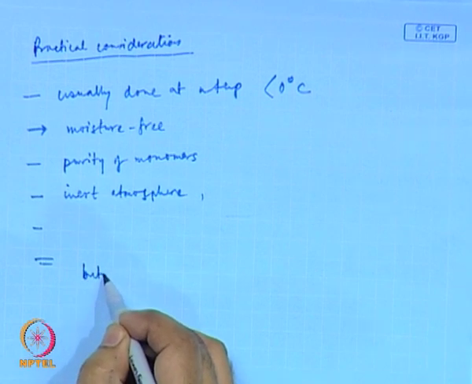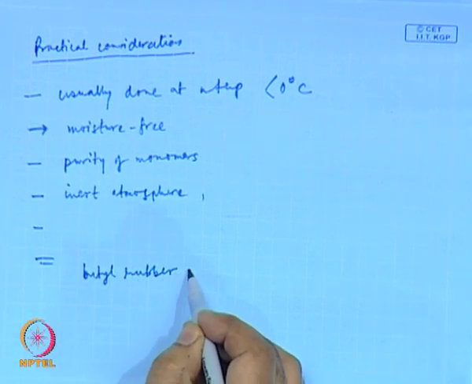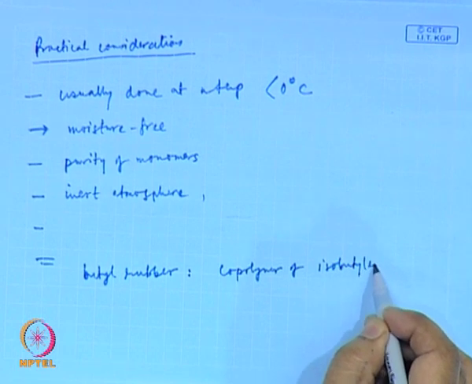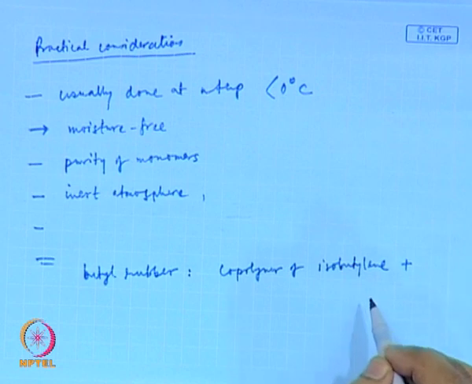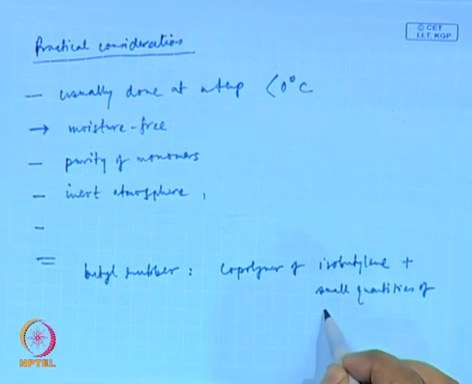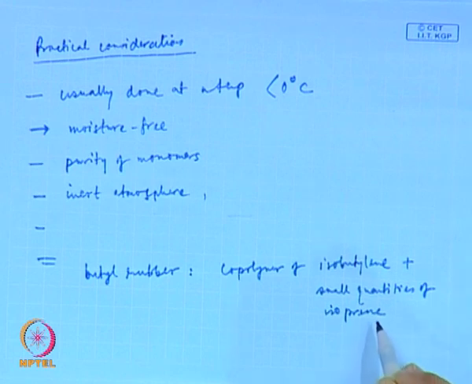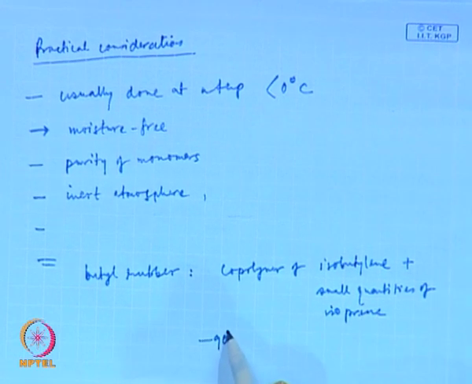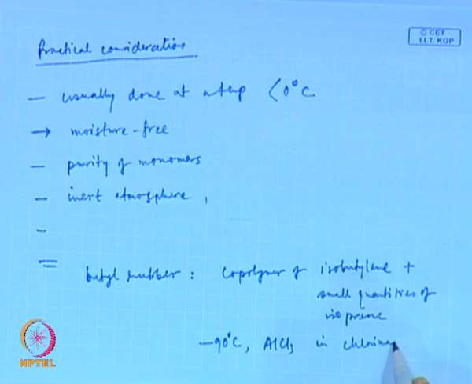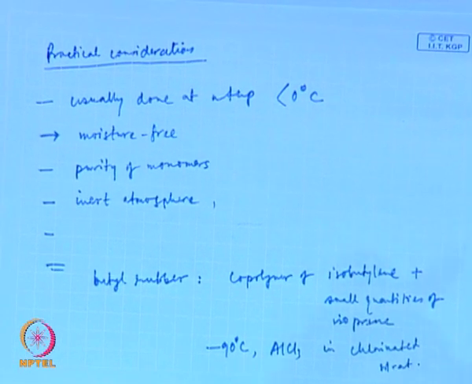The only polymer synthesized on a commercial scale is butyl rubber, which is basically a copolymer of isobutylene, the example of which we gave many times in this lecture, and small quantities of isoprene, and this is done at very low temperature, minus 90 degrees centigrade, with aluminum chloride catalyst and in chlorinated solvent.